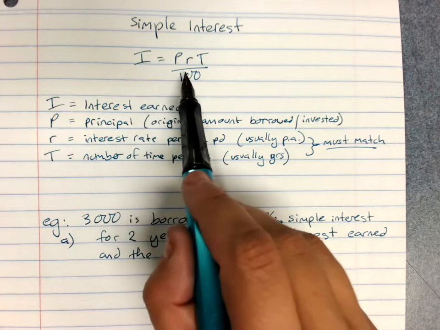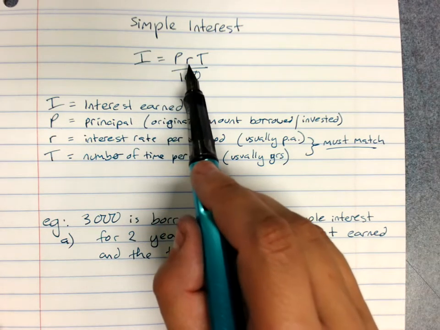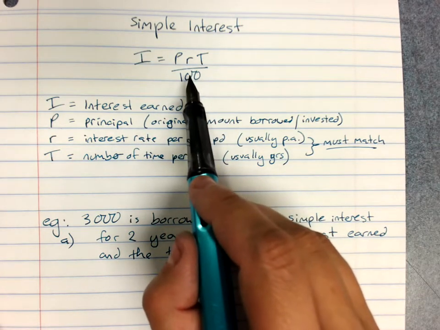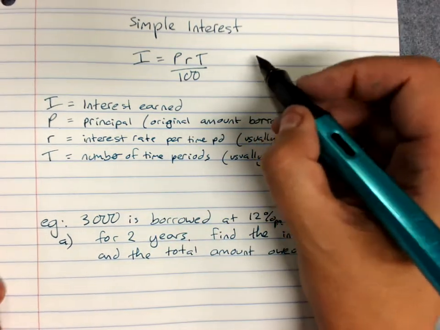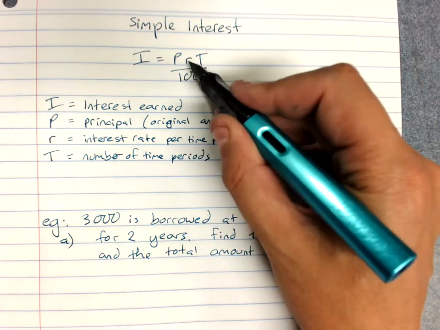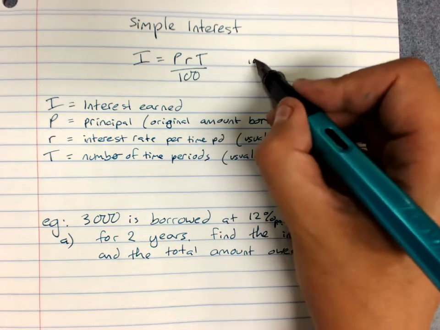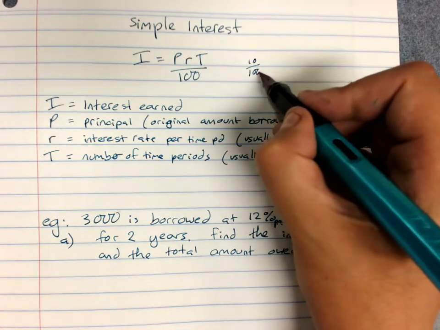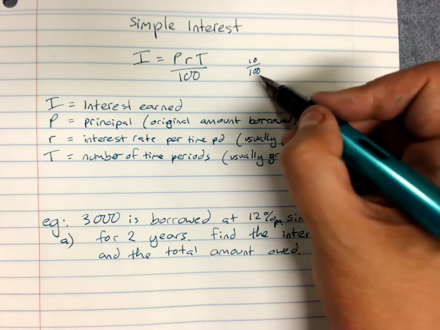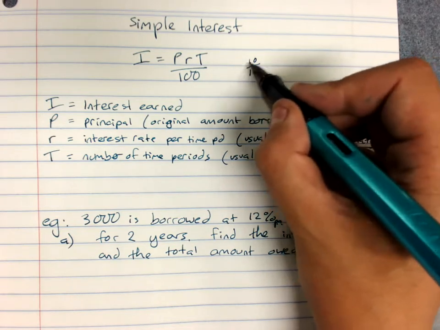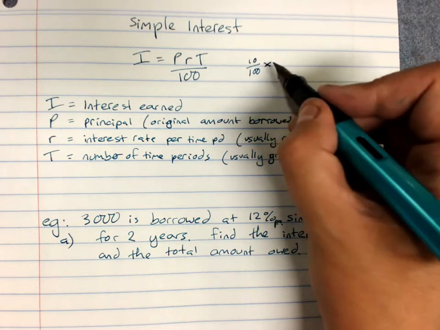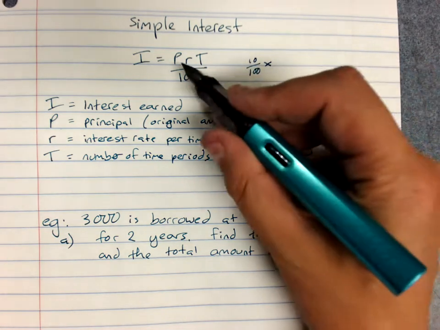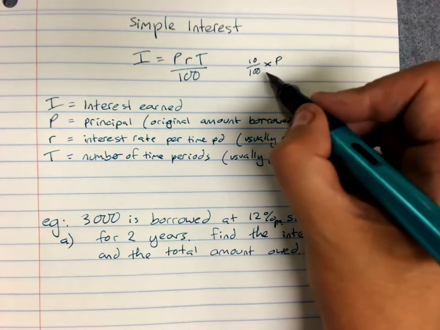As you can see from our formula, it's principal times rate times time over 100. If I was finding 10% per annum, the rate would be 10 over 100 to get it from a percentage to a fraction, times the amount that I was investing, which is the principal.